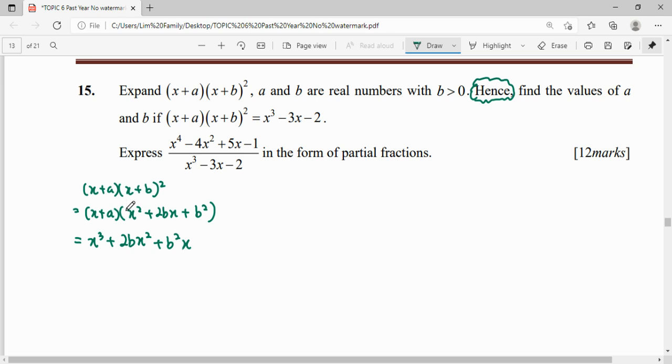Then for a, expand to the back: ax², a with 2bx, and a with b².